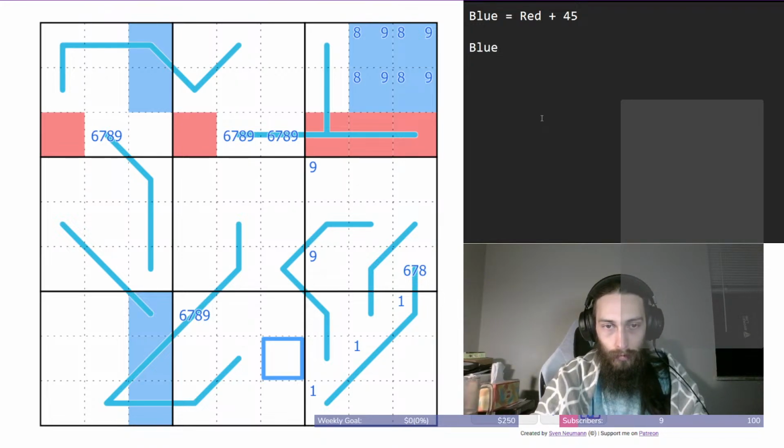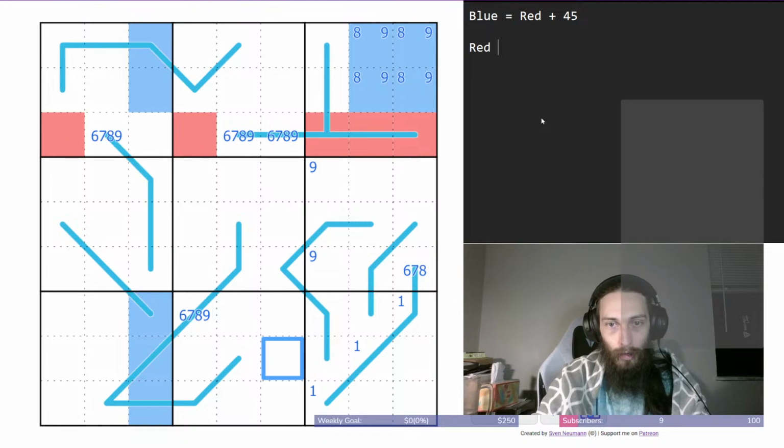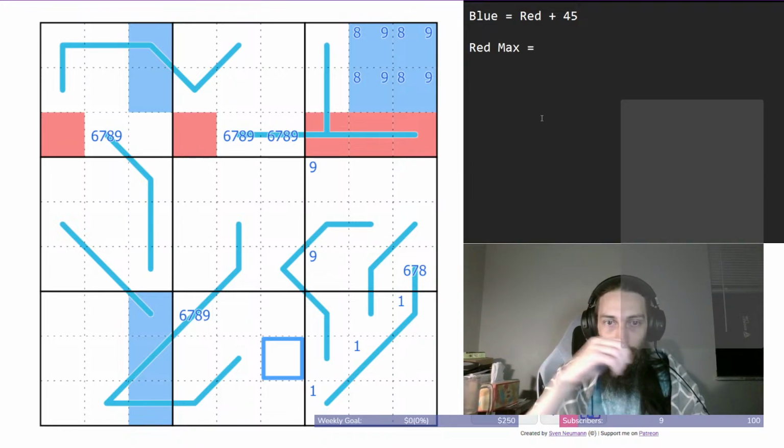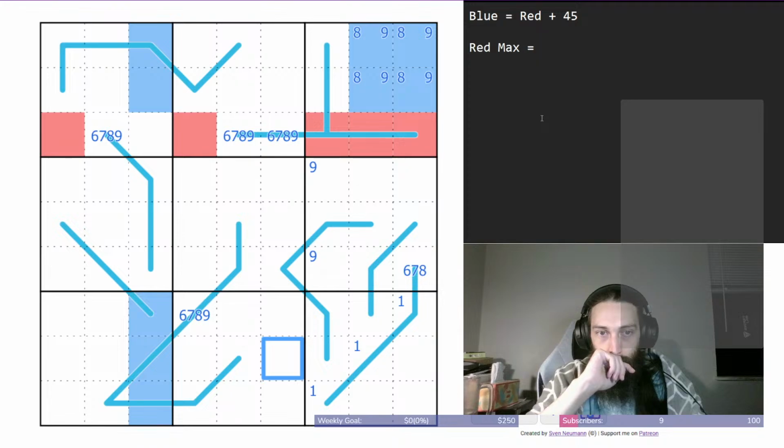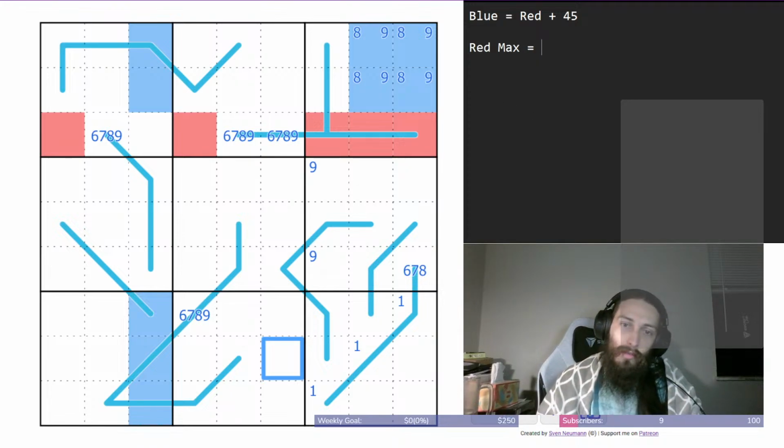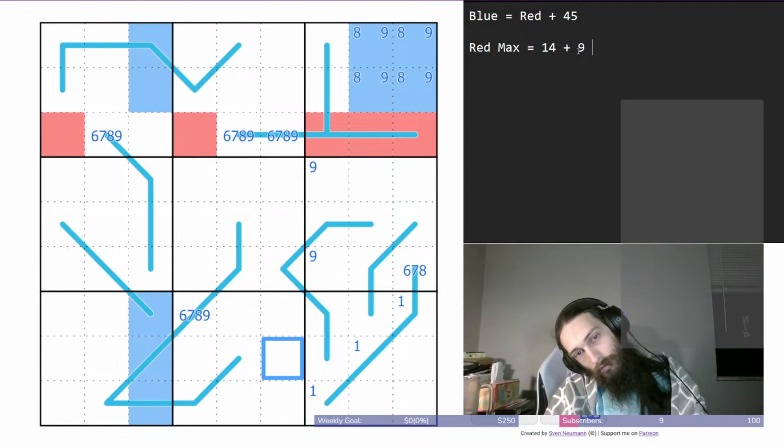Red max is equal to, well, 17 minus a 1, 2 is 14 plus a 9 and a 2.